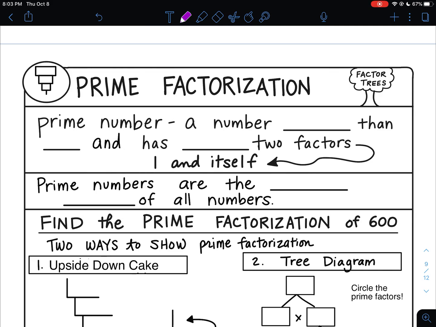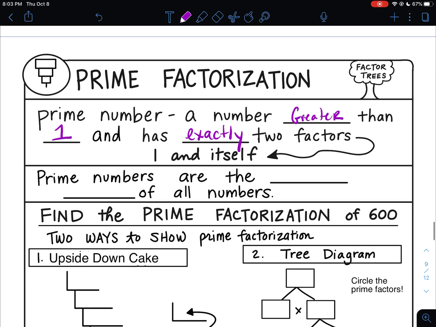Okay, so just some notes about prime factorization. So a prime number is a number greater than 1. We did this yesterday. Greater than 1 and has exactly 2 factors, 1 and itself.